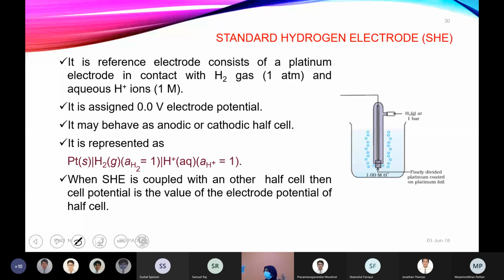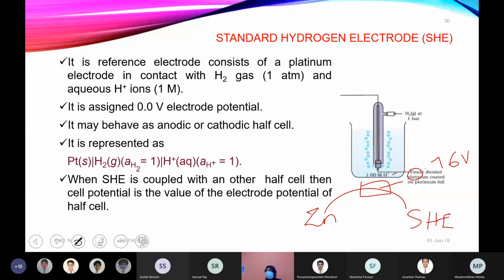When SHE is coupled with any other half cell, then the EMF or the cell potential will be the value of the electrode potential. That means if you have zinc connected with SHE and the voltmeter is showing negative 0.76 volt, this is the electrode potential of zinc because SHE is taken as 0.